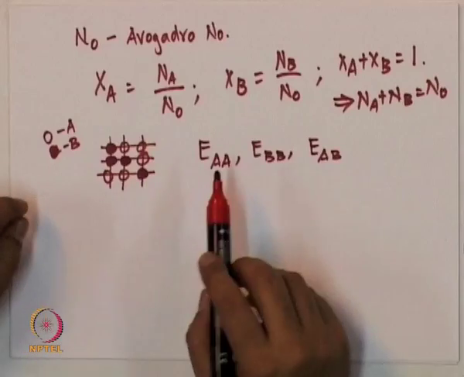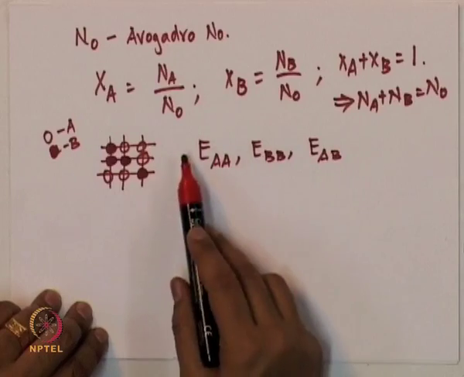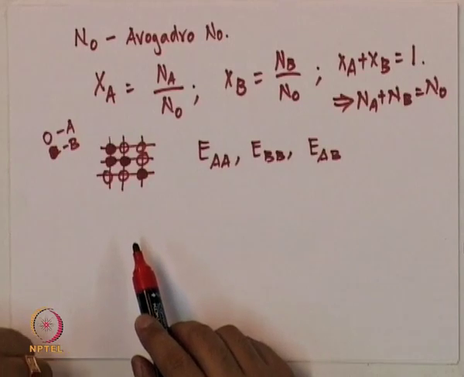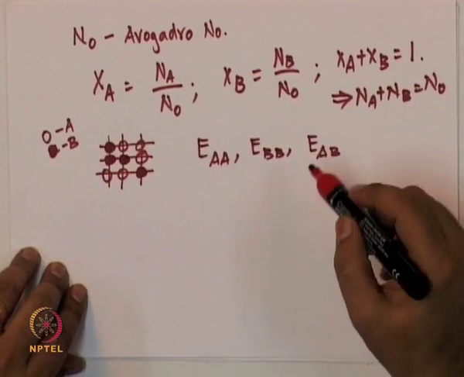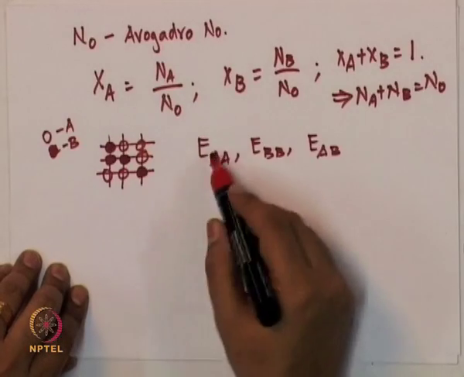Suppose if I take two A atoms and from infinity if I bring them together, they are going to form a bond and that bond energy is EAA. And if I take two B atoms and bring them together from infinity towards each other, then they form a bond and that bond energy is EBB, and A and B atoms form the bond EAB. So, what is the total energy?